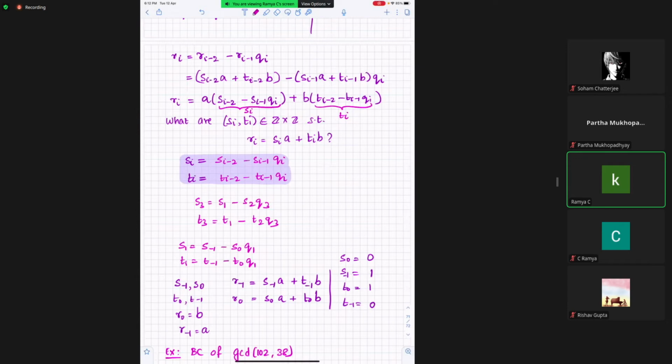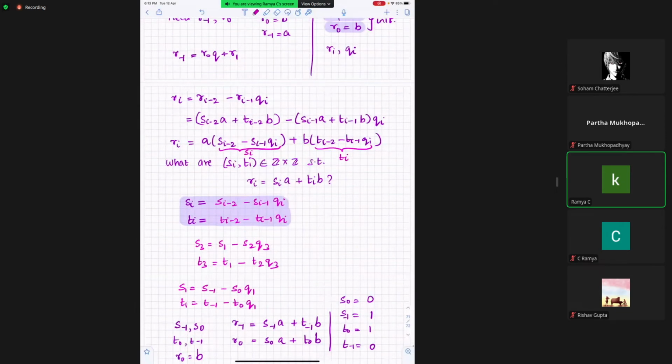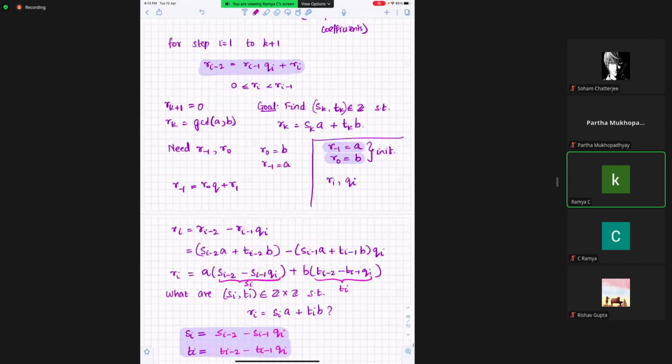It's actually a constructive proof, in the sense that you explicitly give a procedure by which you can compute this. So it's a computational algorithm. It might take some time to digest if you're seeing it for the first time. So go back, look at Euclid's algorithm, and try to run some examples.